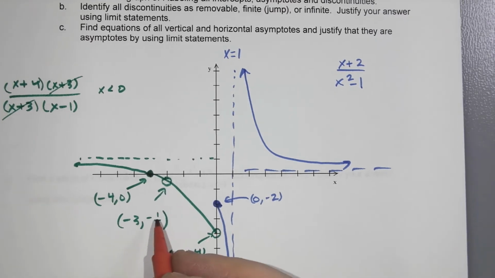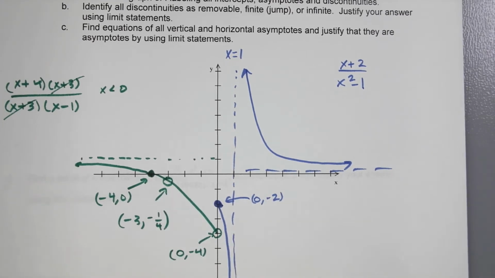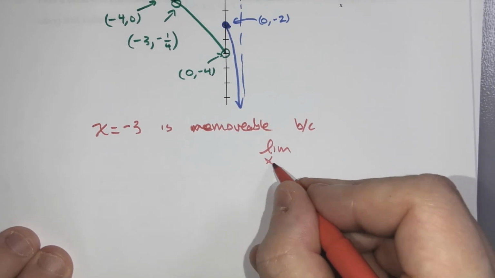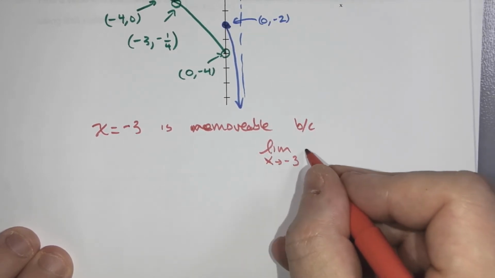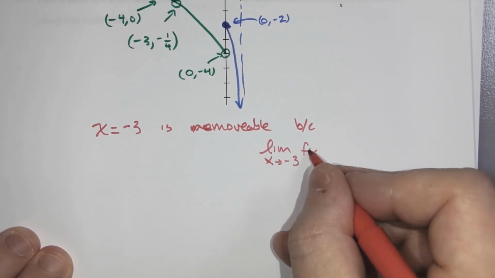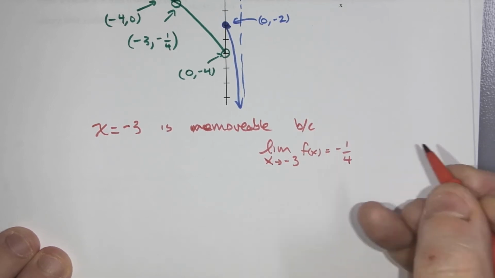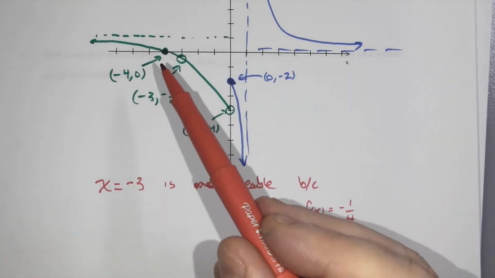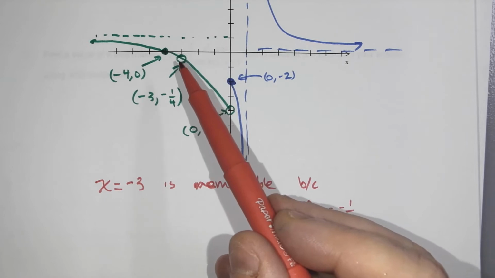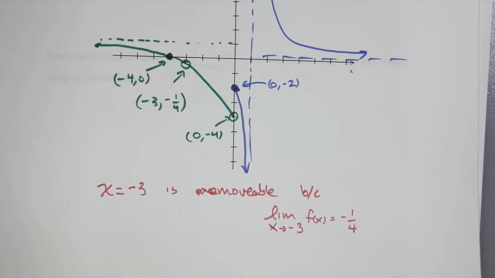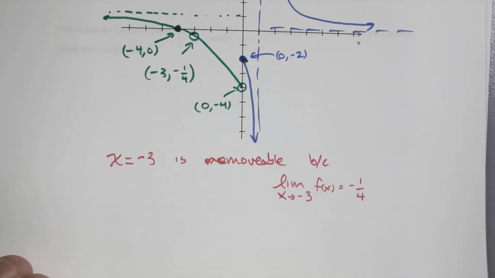So the discontinuity at x equals negative 3 is removable because the limit as x approaches negative 3 of our function f of x is equal to negative 1/4. So this is a removable discontinuity because it could be filled in, and it has a limit.